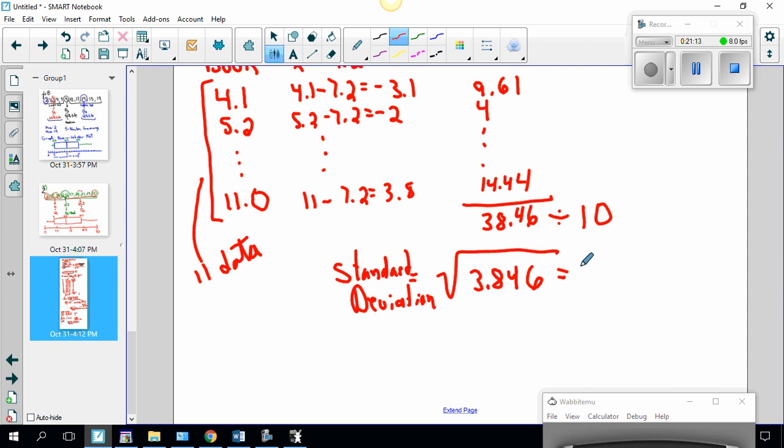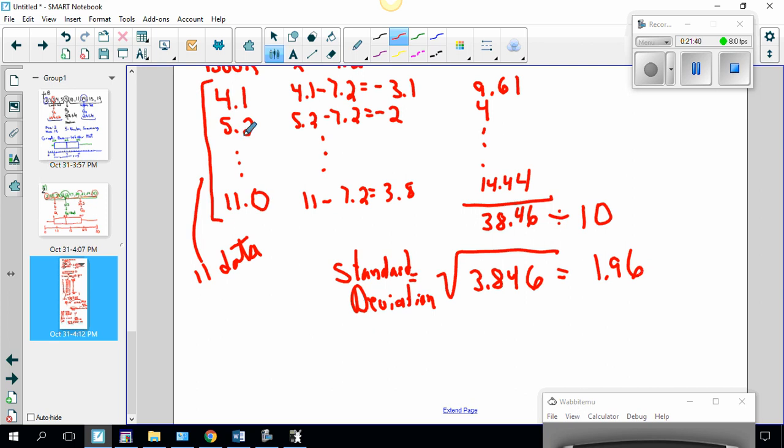Let's see if the book, oh, there we go, 1.96. Standard deviation of 1.96. And then they actually do side by side. They got another problem. And I just wanted to make sure you understand that this process is really ugly sometimes.